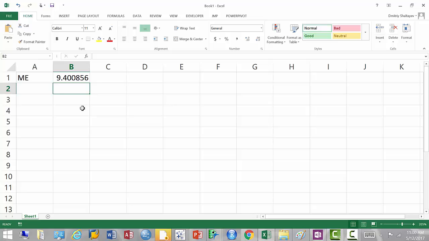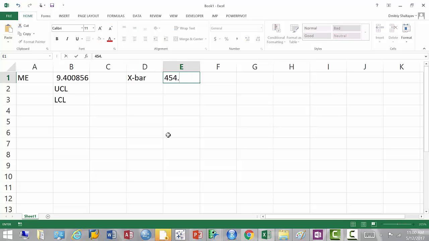So let's compute upper confidence limit and lower confidence limit. All right, but first I need to go back. Oh, I believe I remember. My x bar, the average for the sample, is 454.54. I remember because there's a lot of 5s and 4s in it. Okay, so remember how to compute upper limit. I have to take my x bar and add to that the margin of error, right?